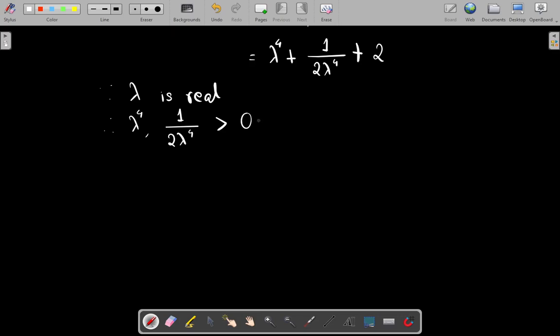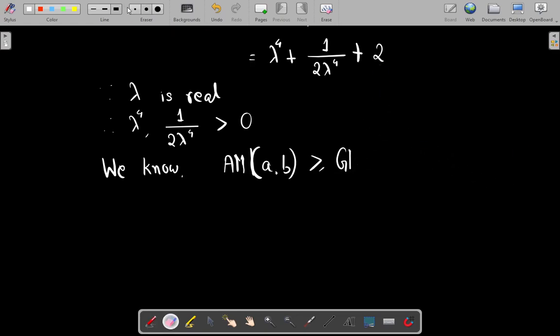Okay, so we are assuming these to be positive reals. So these are positive numbers. For positive numbers, we know that AM of a comma b is greater than or equal to GM of a comma b, if a and b are real positive numbers.